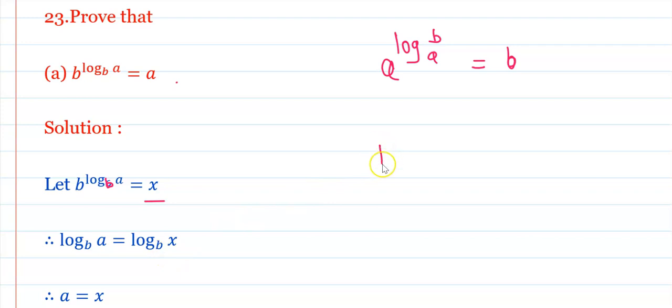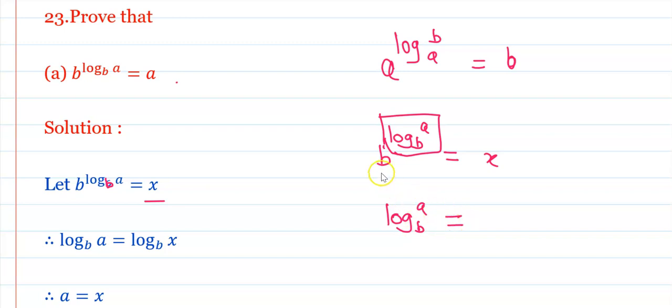Suppose I write here b raised to log of a to the base b is equals to x. म्हणजे काय की हा exponent form आहे and I can convert this exponent form to the logarithmic form. It means that I will write here in the log form log of a to the base b and that's equals to, हा b इकडे येणार असं log form मध्ये तयार होणार. That is equals to log of x to the base b.